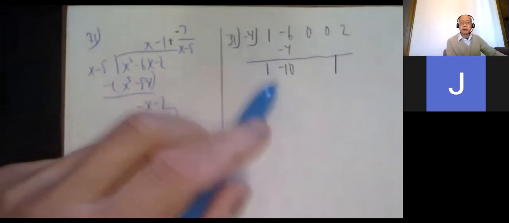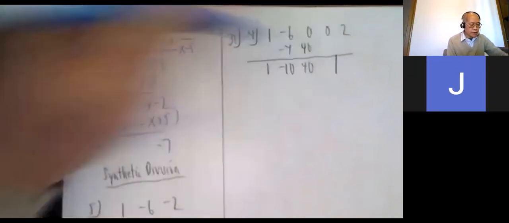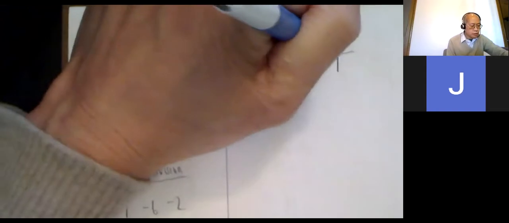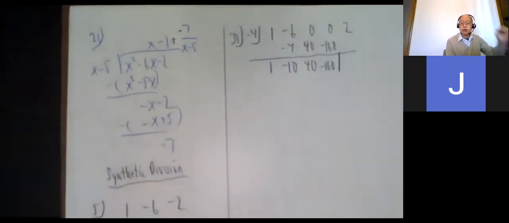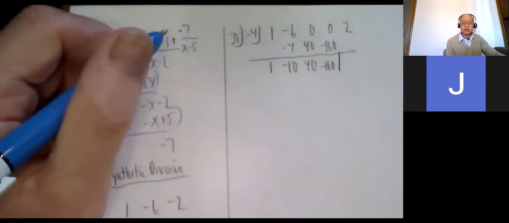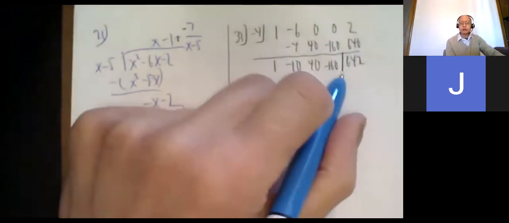Okay, multiply. 40. Add. Multiply. Add. Multiply. Negative 4 times negative 160 is positive 640. Add, 642. Quotient, remainder.